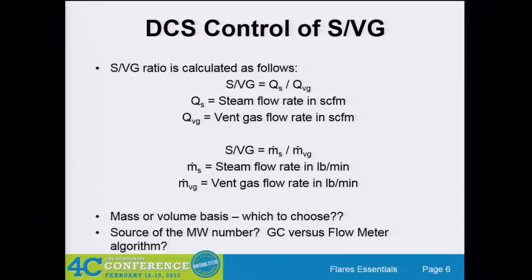I know one of the Marathon refiners, when they were trying to implement that, couldn't get the control strategy to work using the molecular weight from the GC. They had to switch over to the flow meter, because your vent gas is going to be changing, going all over the place, and so you need that more rapid control for the steam to vent gas ratio control.